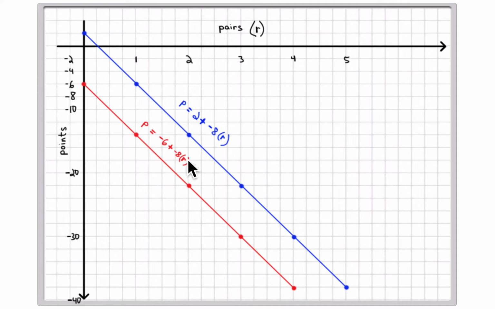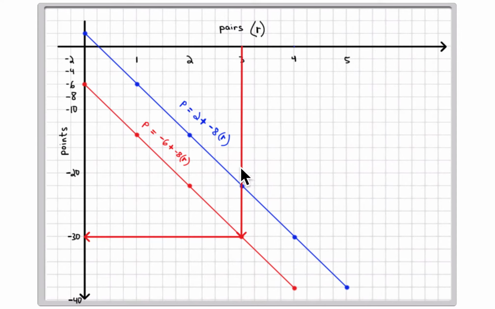This is Kieran, I believe he's at negative 6. This is Elena, who starts out at 2 points. And at what number of pairs do they have the same points? Well, for Kieran, he has 3 pairs because he's starting at negative 6.